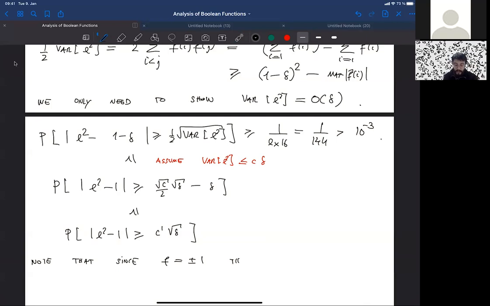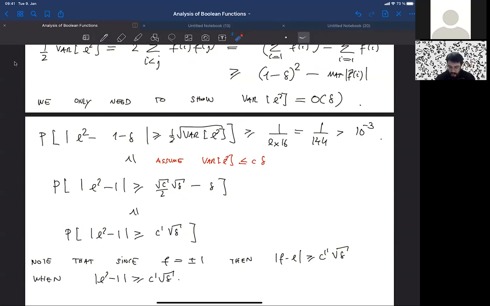And so then we can easily say that f minus L, because f is just plus or minus 1, has to be greater or equal than some other constant, square root of delta, when L squared minus 1 is greater or equal than c prime delta.